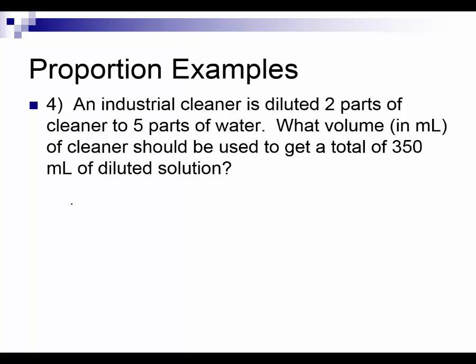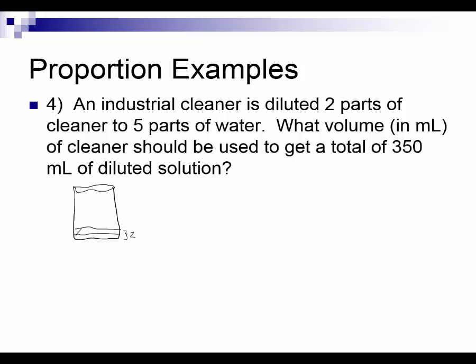I'm going to draw a small example just to explain what's going on. So if this is like a measuring cup, sorry, really bad at drawing here. There we go, measuring cup. In the bottom of the cup, we have 2 parts of cleaner.